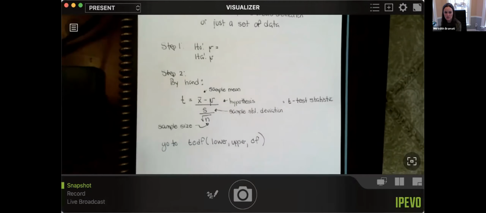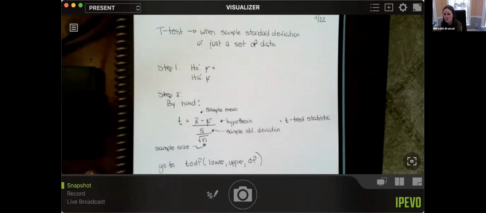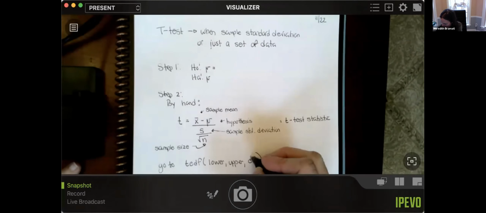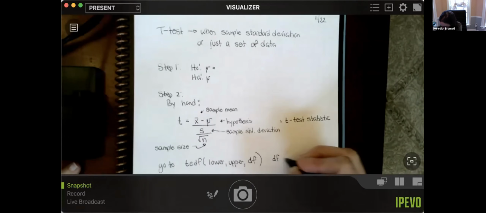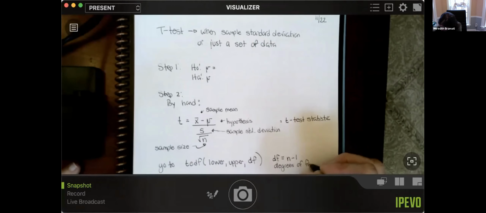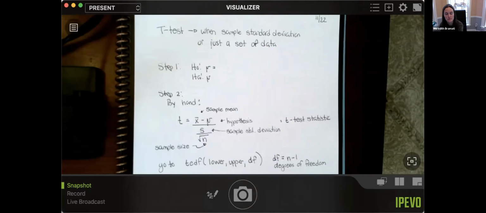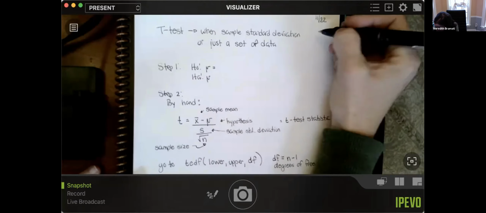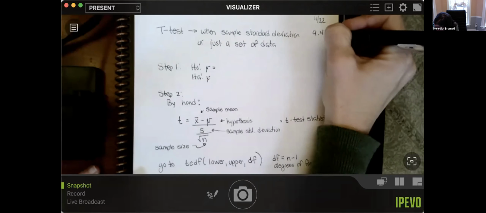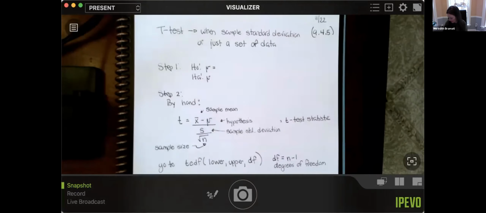Let me see if I can expand it more so you can see everything. That's the only thing you're missing up at the top. Degrees of freedom we've talked about before. Degrees of freedom is n minus 1. I'll give people a second to catch up with me and write that down.